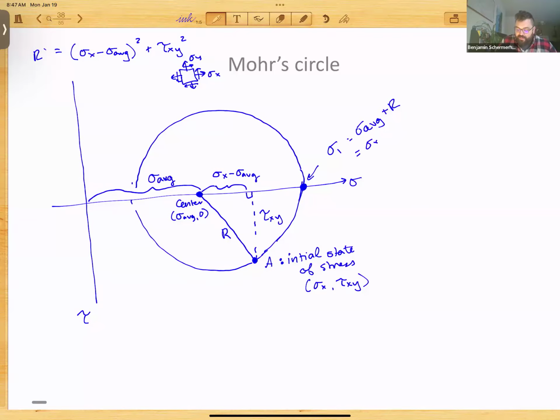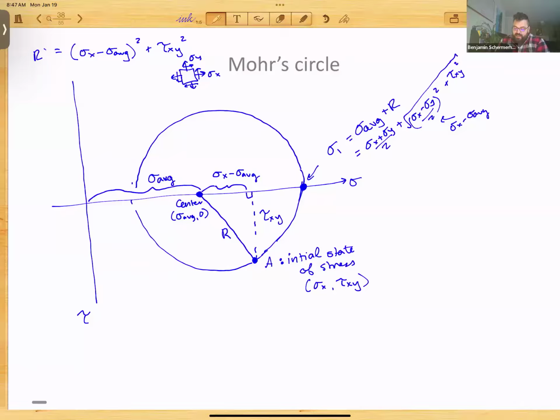If I write that out, that's sigma x plus sigma y over 2 plus the square root of sigma x minus sigma y over 2 squared plus tau xy squared. And we already know that that second term is just going to be our sigma x minus sigma average. So we're going to use that from now on.